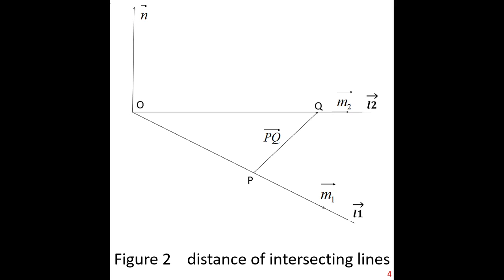And the dot product of vectors N and PQ is 0. Then we can calculate the distance D of lines L1 and L2 using formula 1, which is 0.